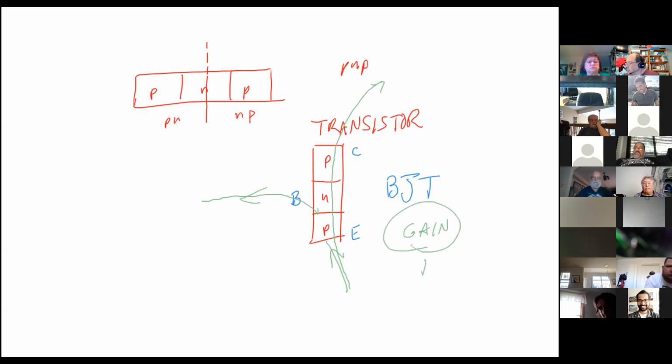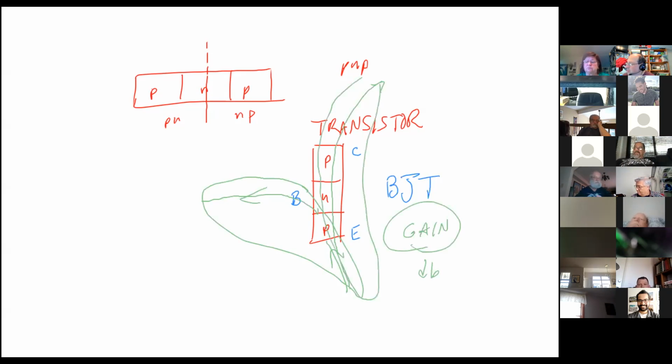We could measure that in decibels if we wanted to. This is the ability of our device to make a much bigger copy of a signal that exists between the base and the emitter. What's cool about that is now we have essentially two isolated things where we can take a small signal, usually in the form of a sine wave, and make a really big signal over here that's an exact copy of it.